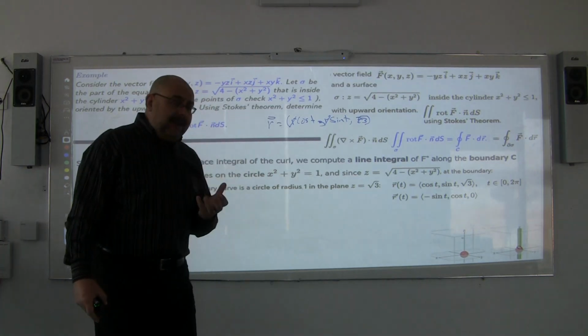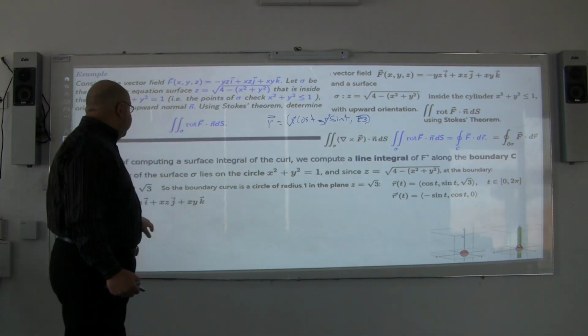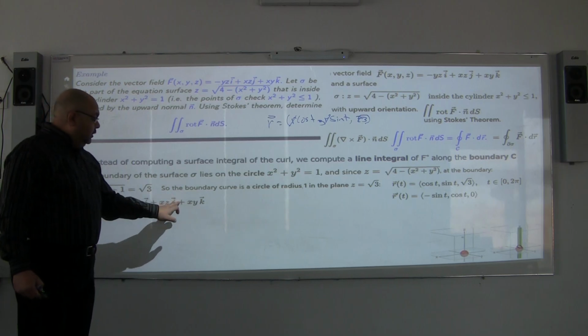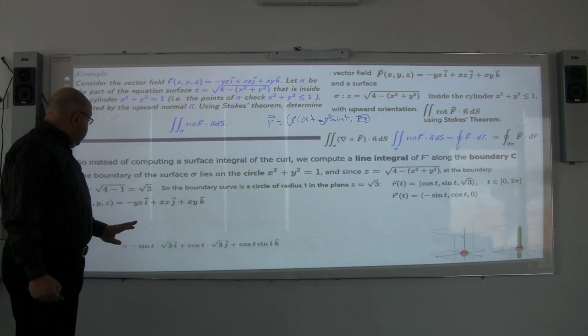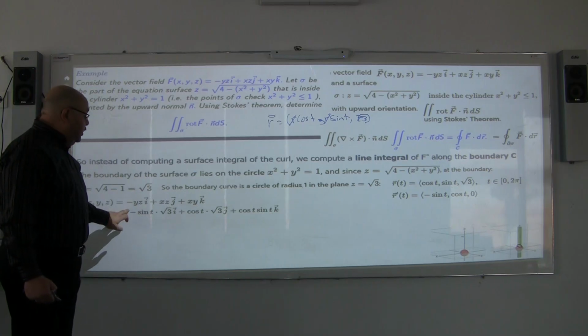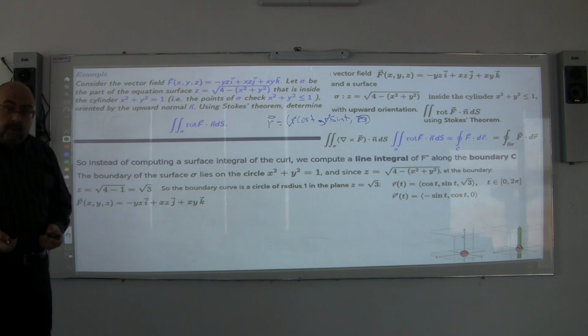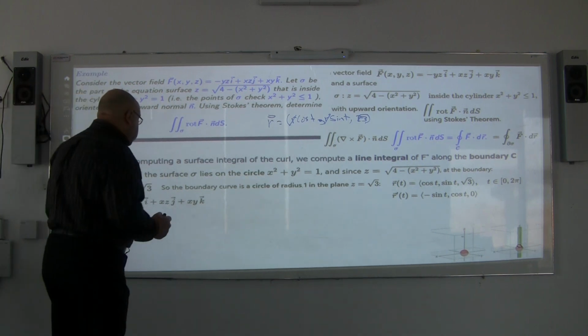Now I have r dash, and also I have F, which is minus yz plus x, xz, and xy. Now I will make the substitution, changing everything into polar.